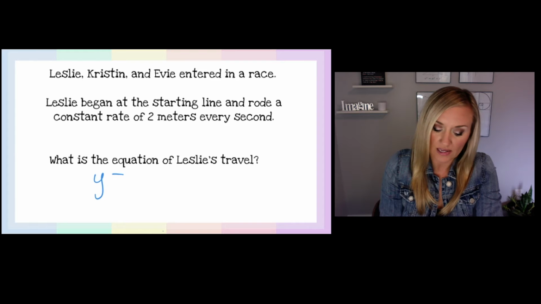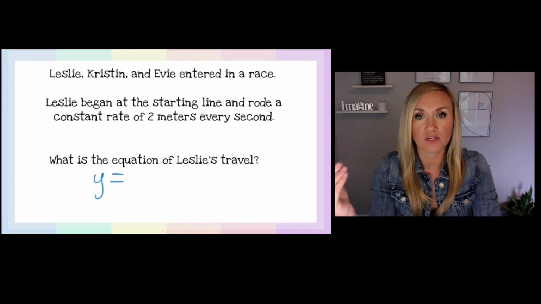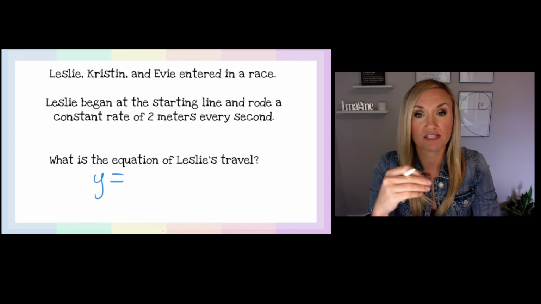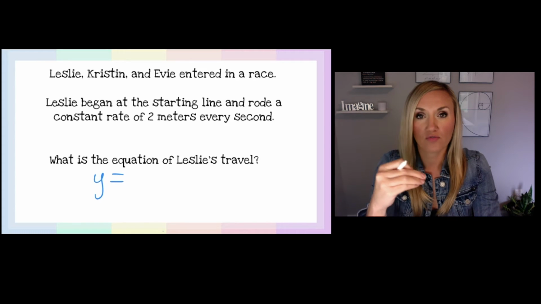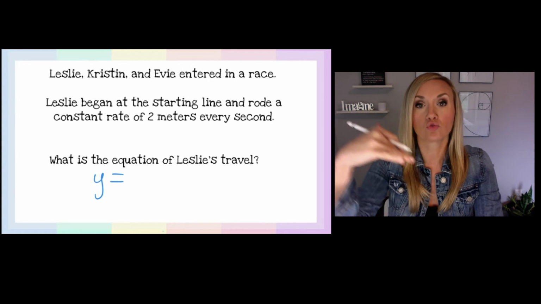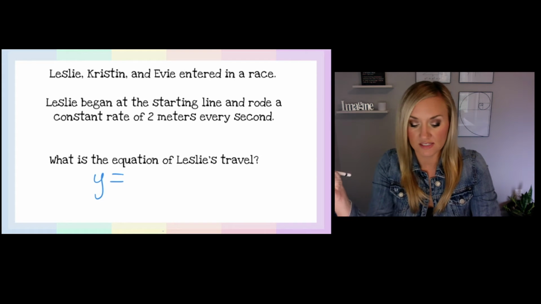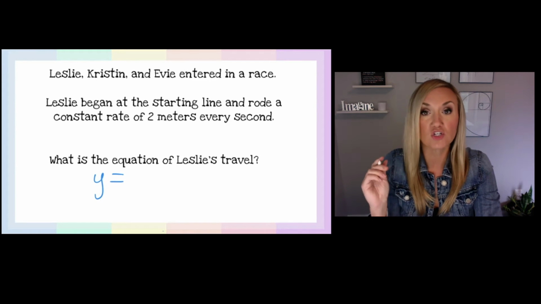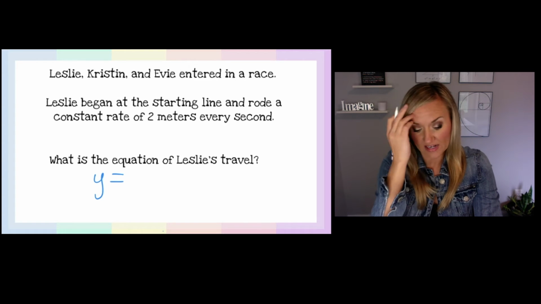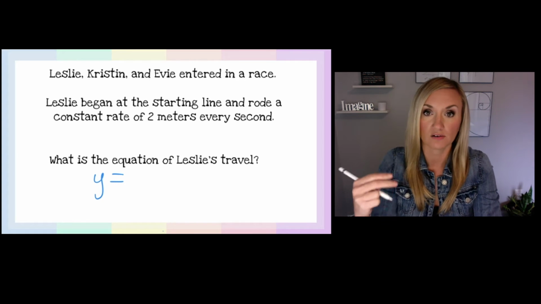And so I'm going to write y equals right away. If she runs 2 meters every second, that is how fast she is going, and that is how the pattern is growing. 2 meters for every 1 second is her rate of change.